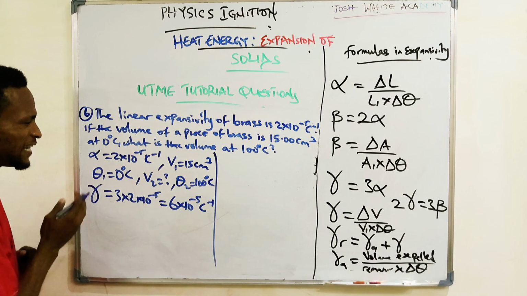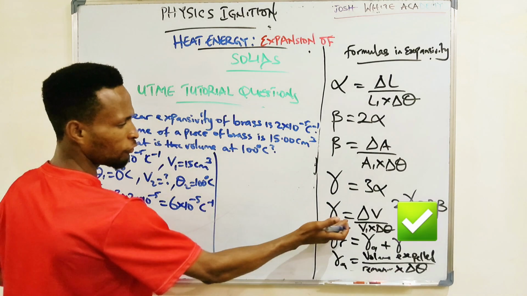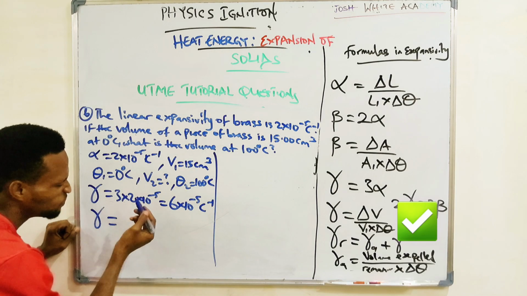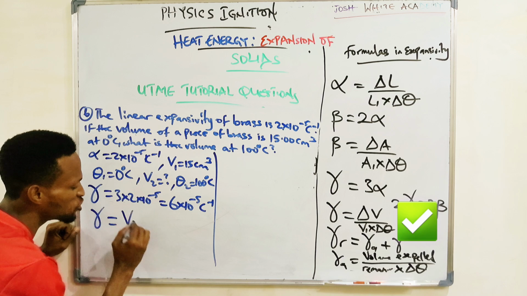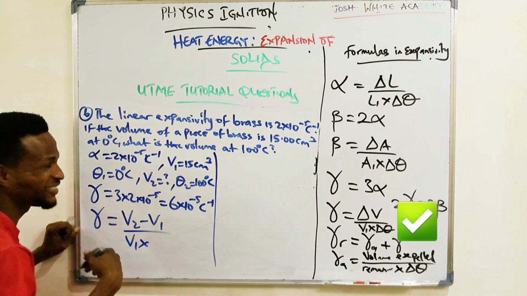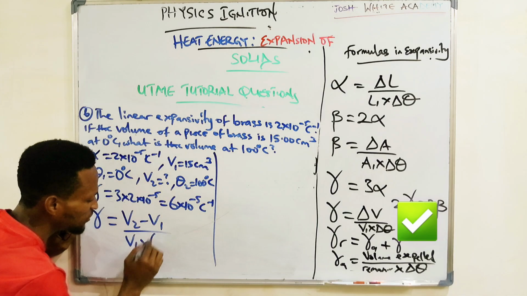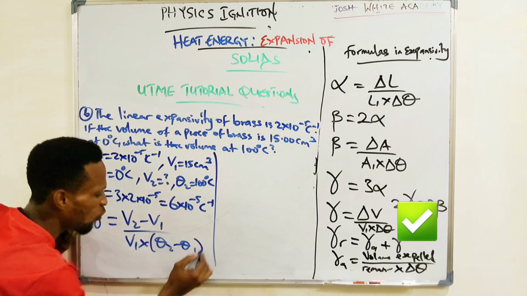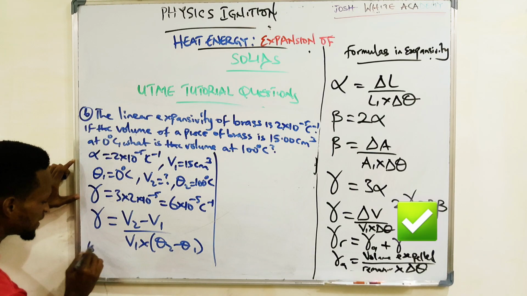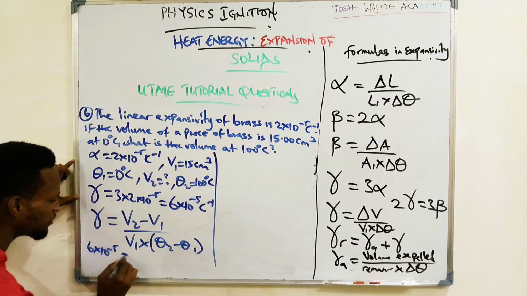So from here now, let's use our formula for volume expansivity. Our volume expansivity is equal to change in volume, which is V2 minus V1, all over initial volume times change in temperature, which is θ2 minus θ1. Now, our cubic expansivity is 6 times 10 to the power of -5.